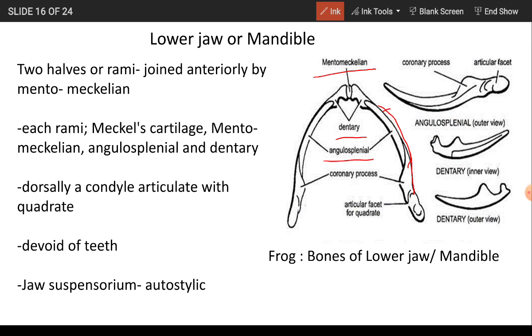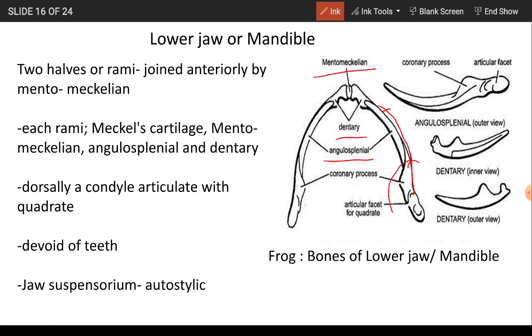It is tapering, and its posterior end bears a dorsally directed condyle, a knob-like articular surface.